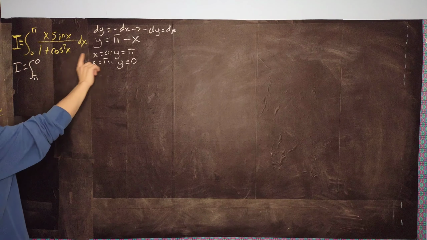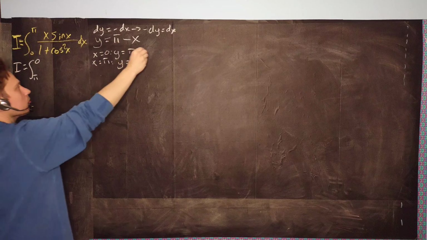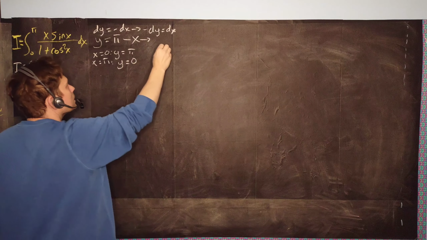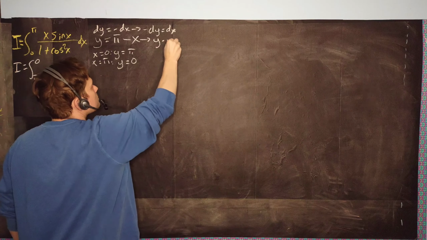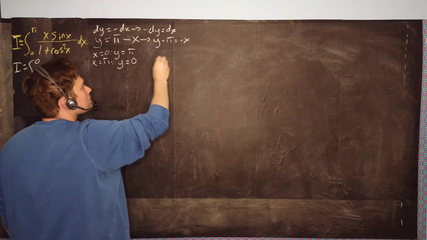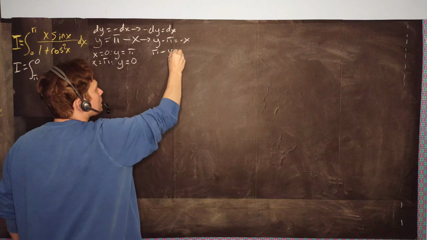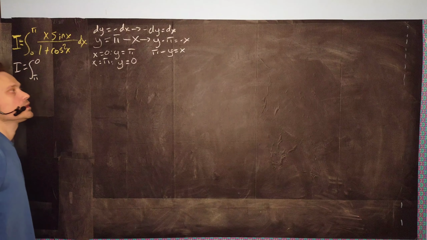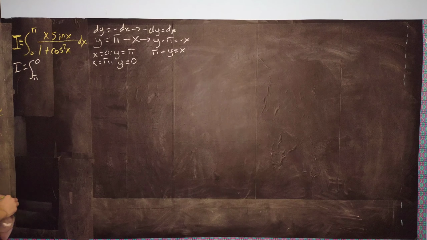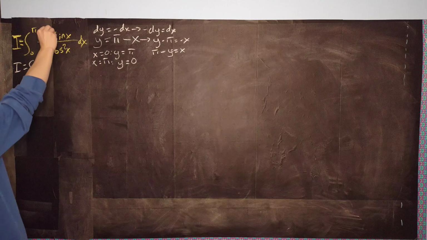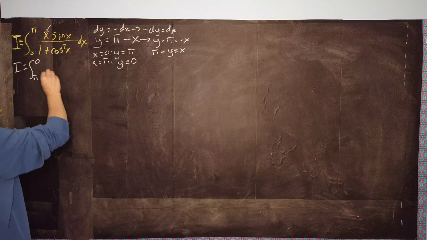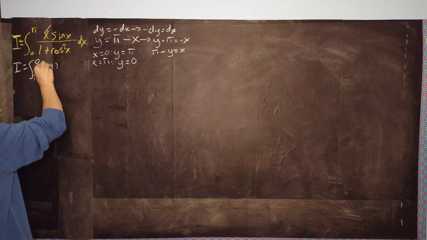As you can see, from here we can write that y minus pi is equal to negative x. So then you operate on this, and it's going to give you that pi minus y is equal to x. Just multiply through by negative 1. Now you take this x here and replace it with pi minus y.